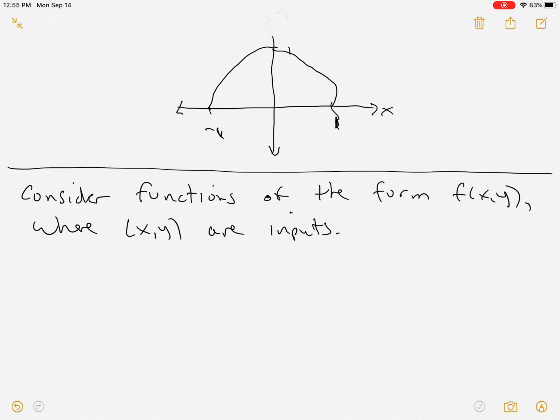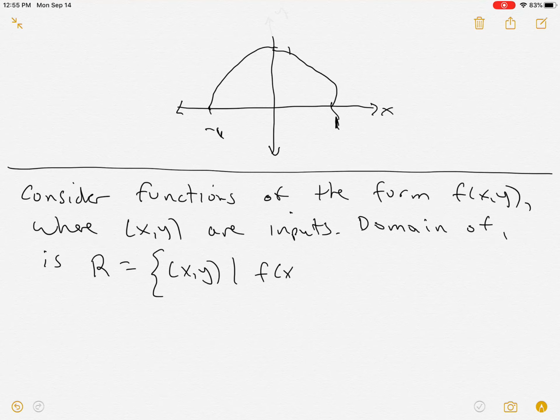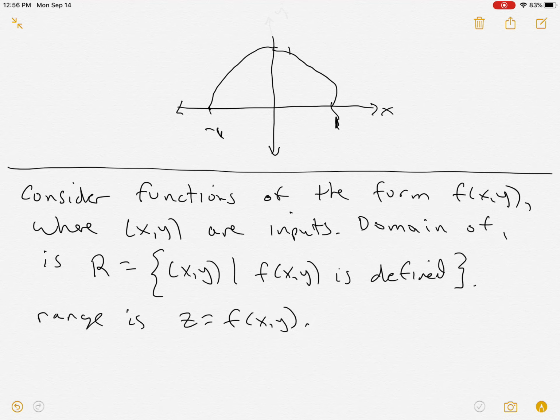And so the domain of f is some R. It's going to be the set of ordered pairs such that f of x y is defined. All right, so it's all the ordered pairs that are legal to input to f of x comma y. Okay, and then the range is what? It's z equals, it's all the outputs.